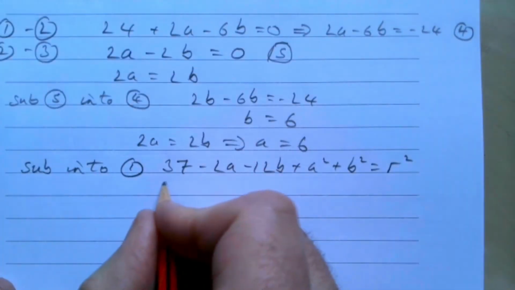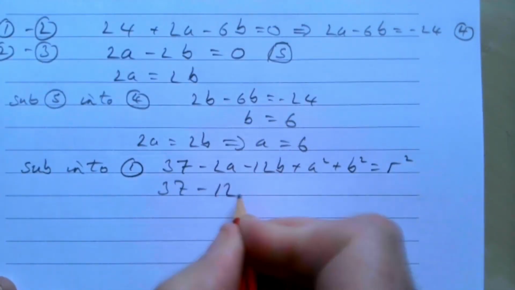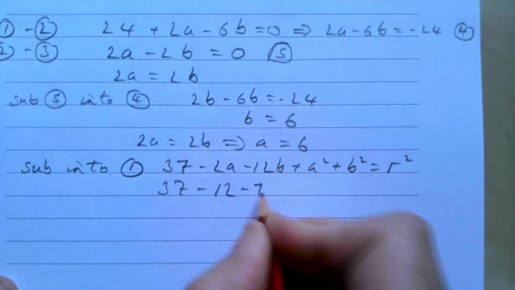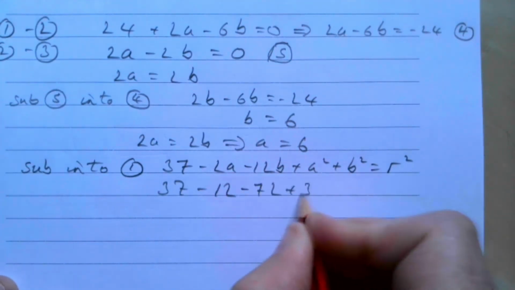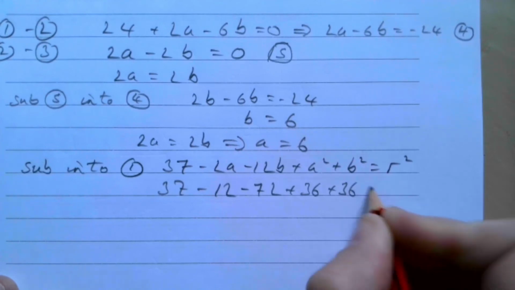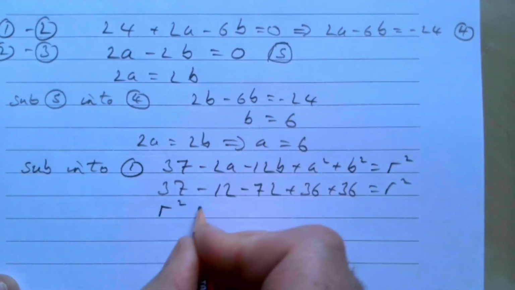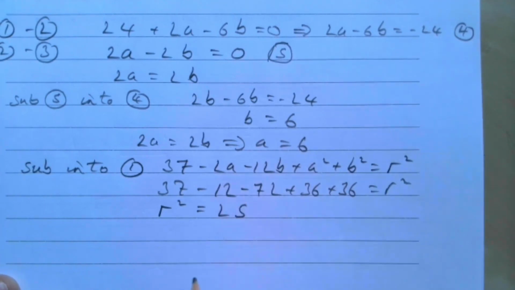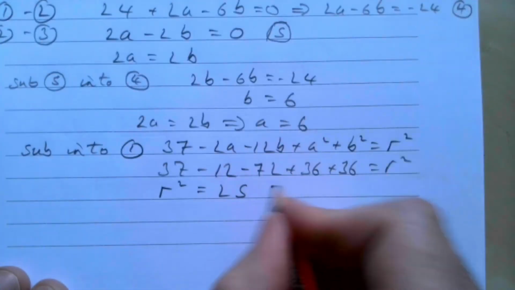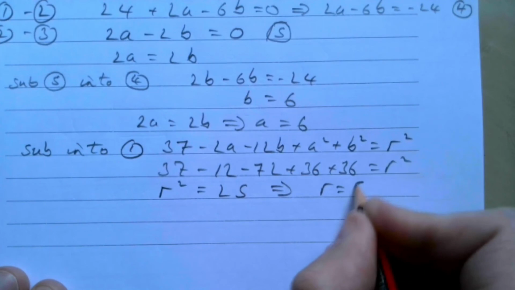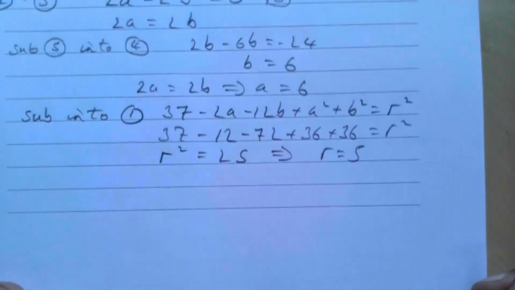Substituting it in, 37 minus 12 minus 72 plus 36 plus 36 is r squared. Rearrange that, I get r squared is 25, and obviously then r is 5.